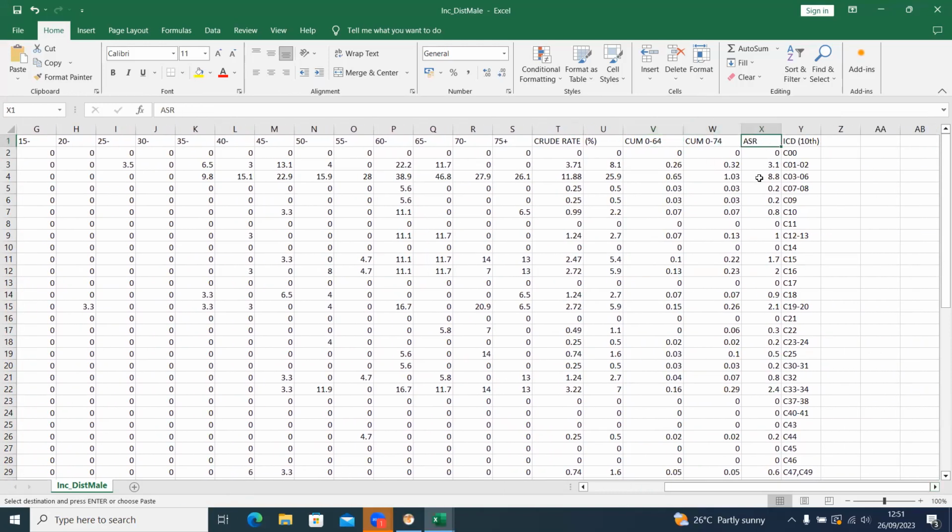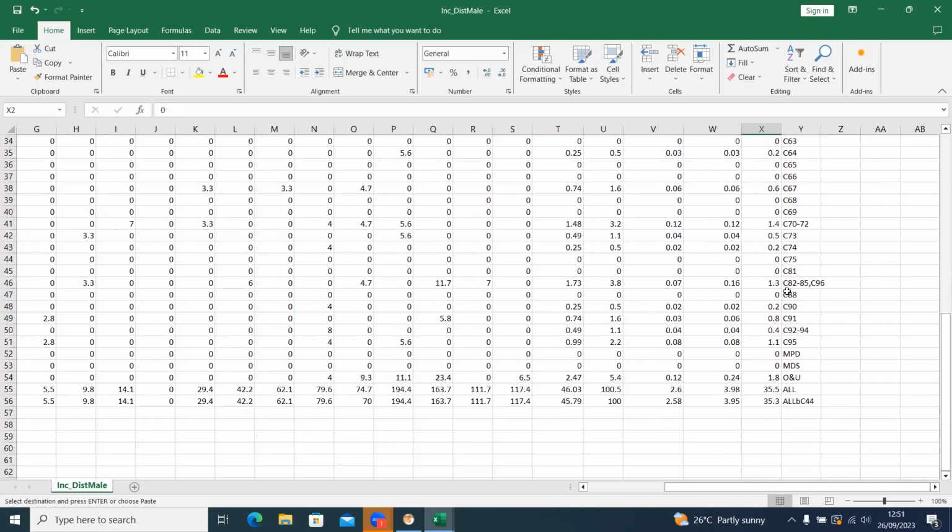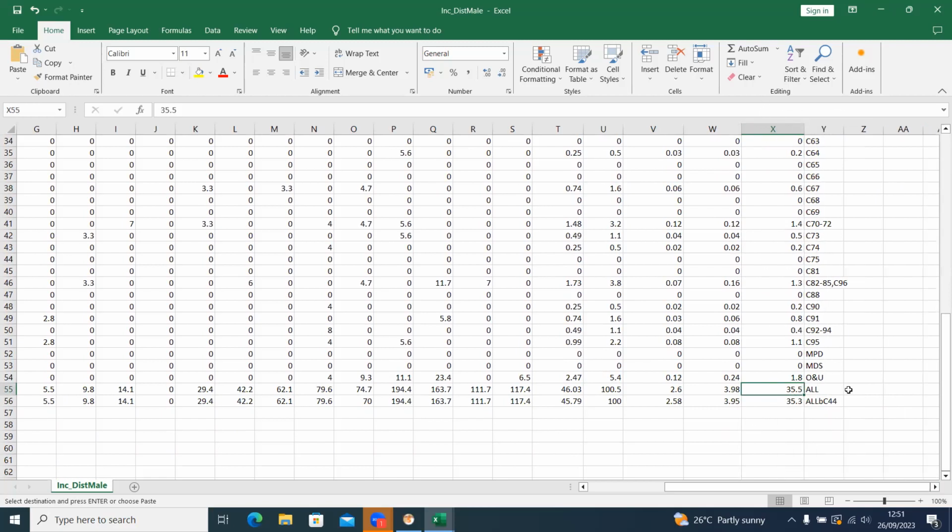And after that, we have the ASR or age standardized rate, which is calculated by Canrich file. So for all cases, we have the rate as 35.5 per 100,000.